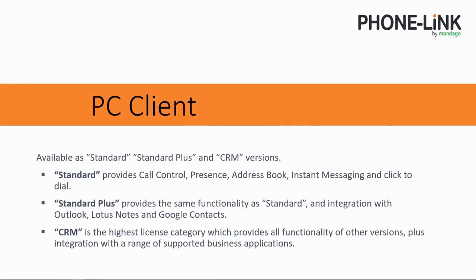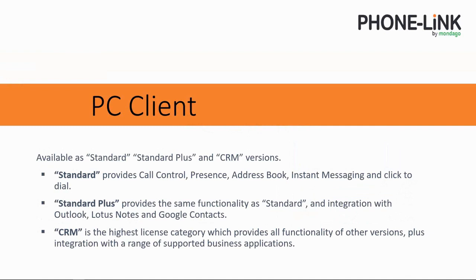So I'm just going to focus on the PC client for a moment. We actually have three license types called Standard, Standard Plus, and CRM. The standard license provides you with various features like call control, a presence window, address book, instant messaging or chat capability, and also the ability to click to dial as well.